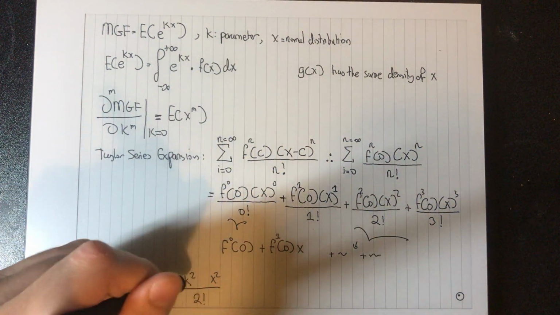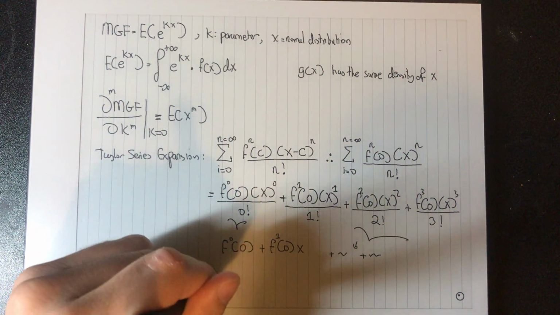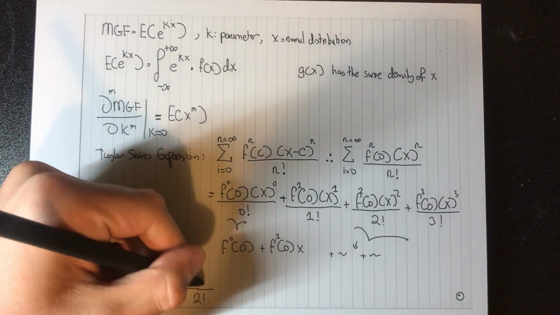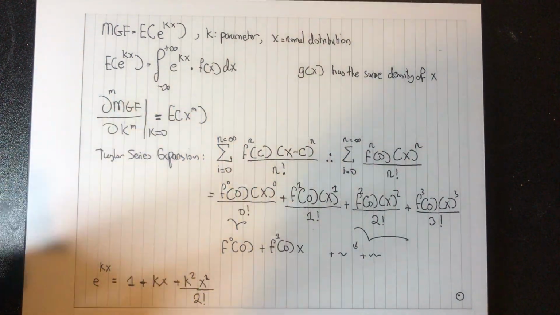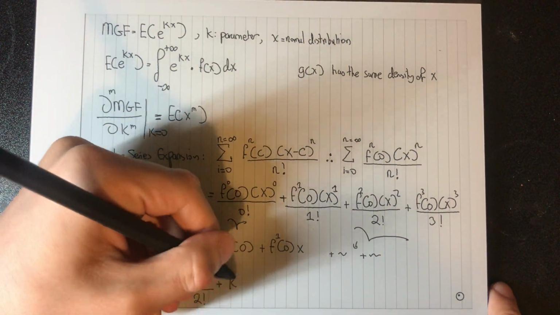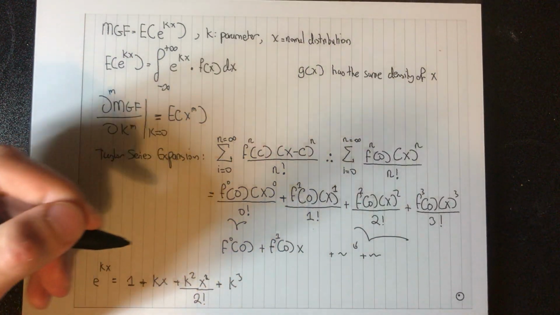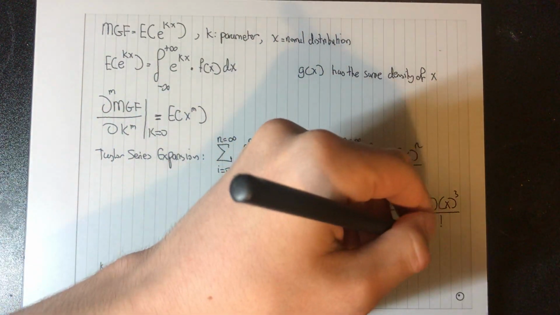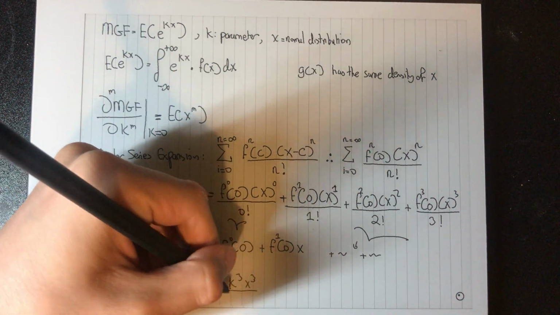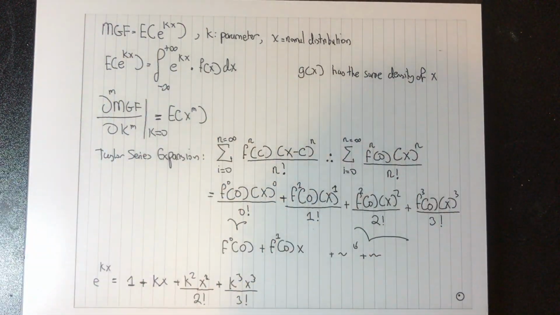I'll just move that x squared a little bit closer to be neat over here. And following the same logic, we get that the third derivative component would be simply equal to the following.